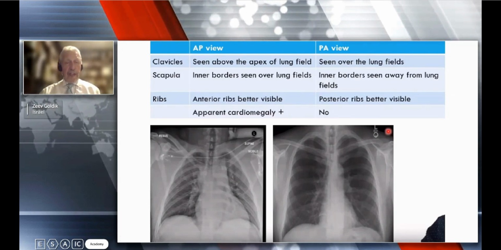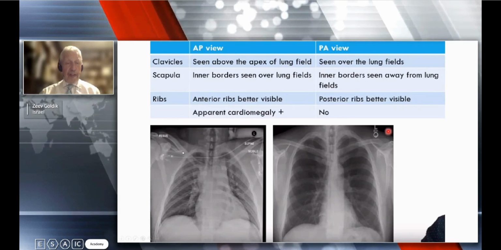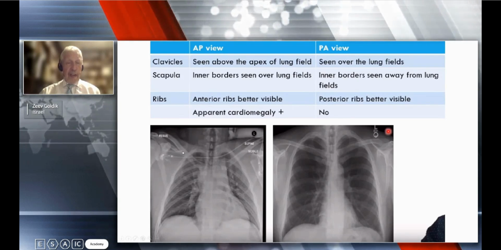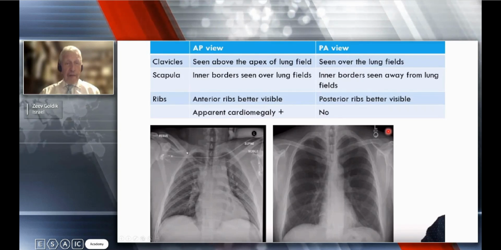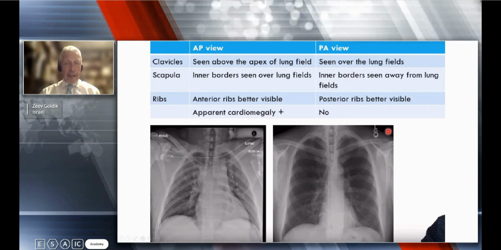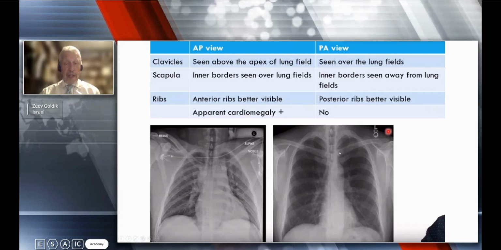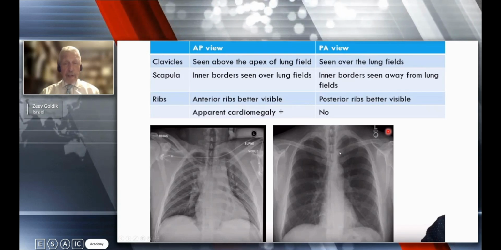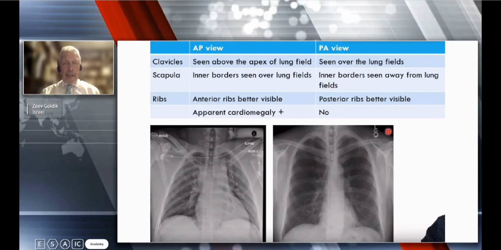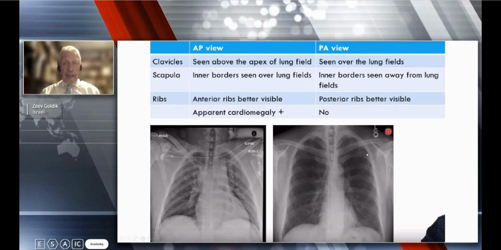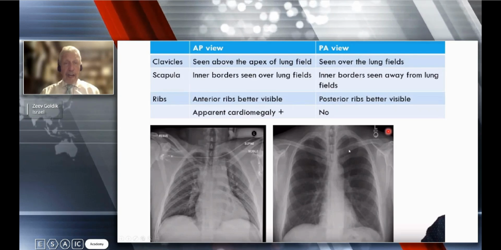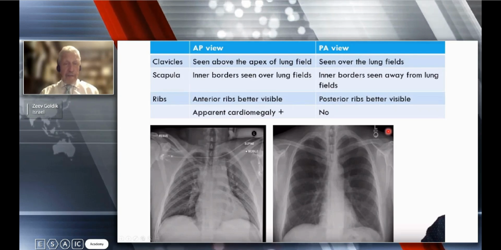First of all, we look at the clavicles. You can see in the example of the anteroposterior that the clavicles are above the apex of the lung fields. Compared with the posterior-anterior view, you can see the clavicles over the lung fields, but not above the apex.